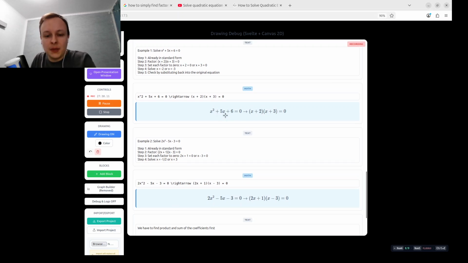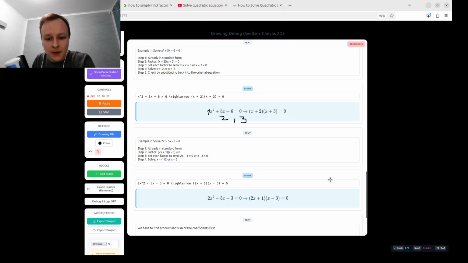If in our quadratic term we have just the coefficient 1, this will be very simple to solve. It means that we find two numbers whose sum is 5, and the same numbers in multiplication give us 6, which as we found were 2 and 3.